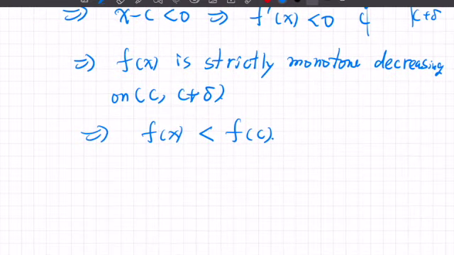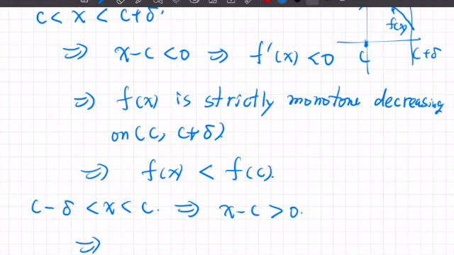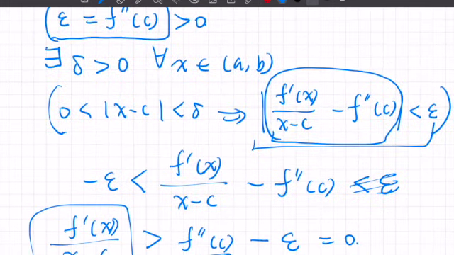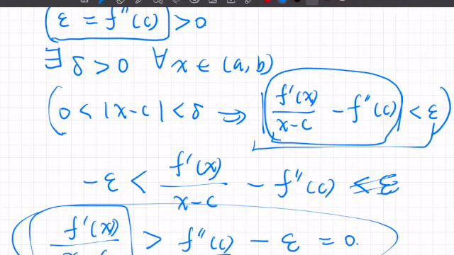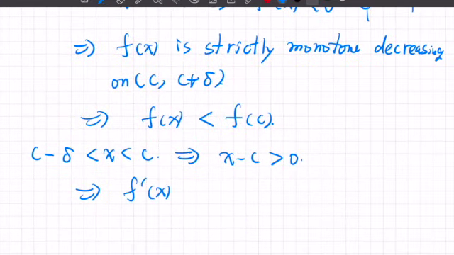And on the other hand, if x is between c minus delta and c, then this means x minus c is negative. And from this inequality, this means f prime of x is negative also.